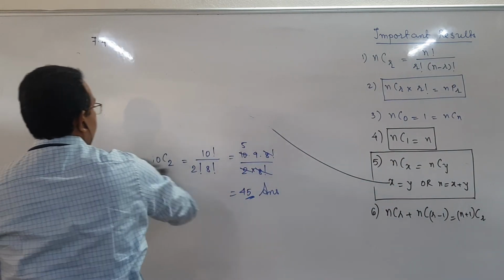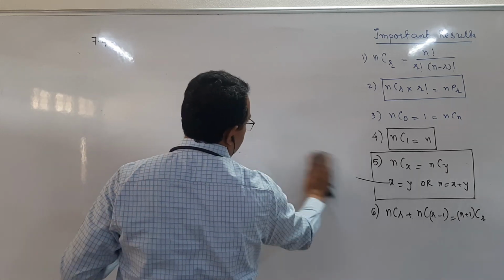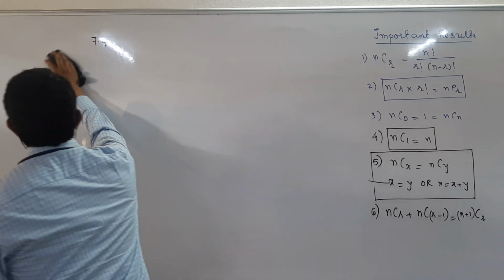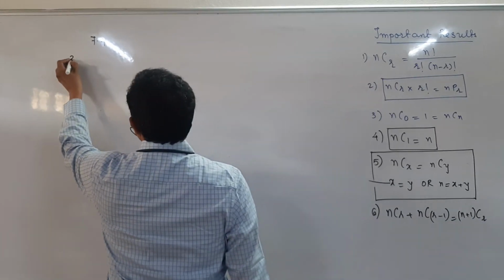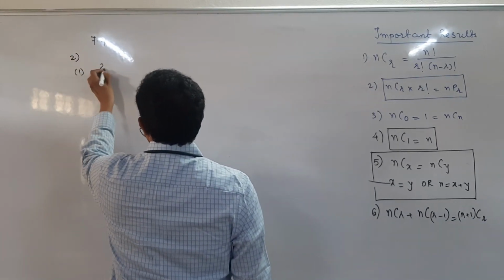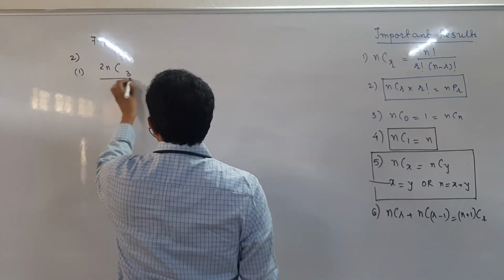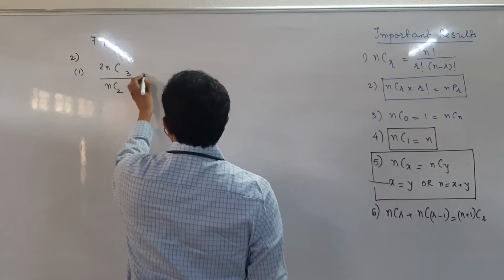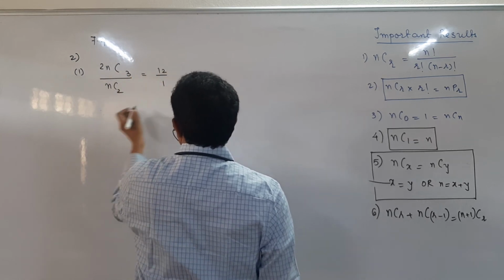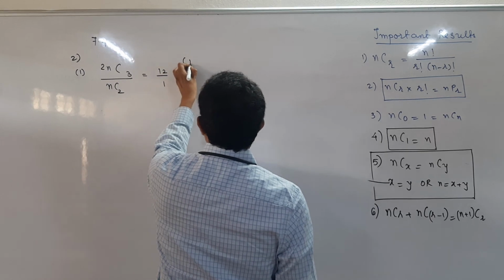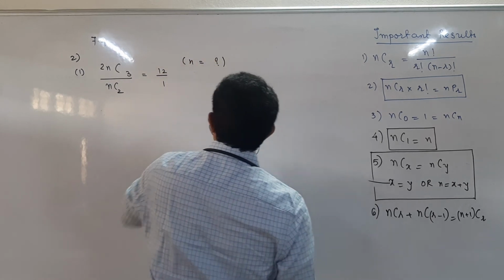I am doing only the first part of the second sum. Students, 2nC3 is to nC2 is equal to 12 is to 1. Then students, we have to find n.